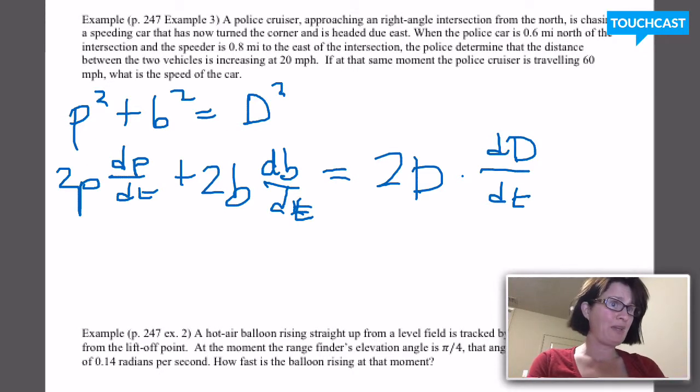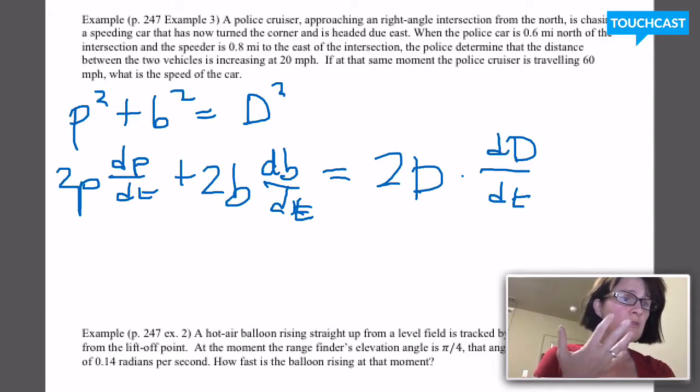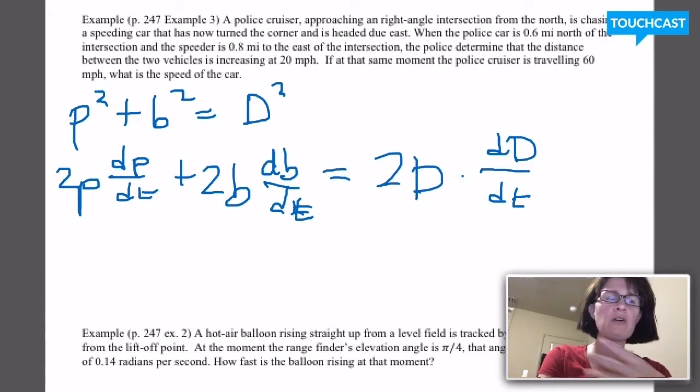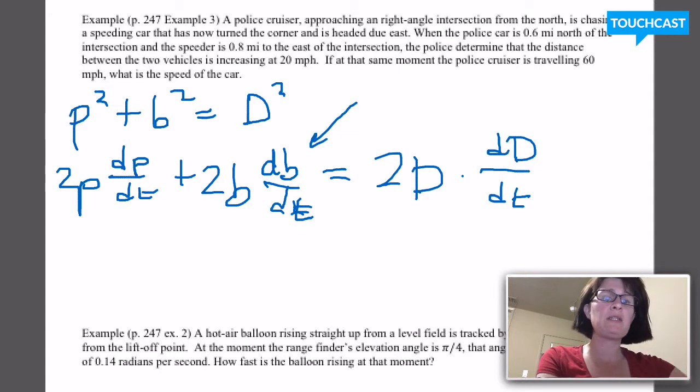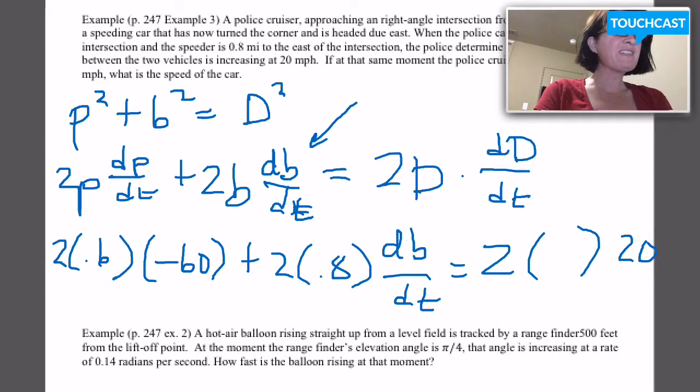So I've essentially taken the Pythagorean theorem with these three different variables, and I've differentiated both sides with respect to time. If you're doing this in your head, you'll notice you could next divide both sides of the equation through by 2. Not required, but you could do that. My next step is to plug in what I know. Remember, I'm trying to find dB/dt, so I'm going to plug in what I know and isolate dB/dt.